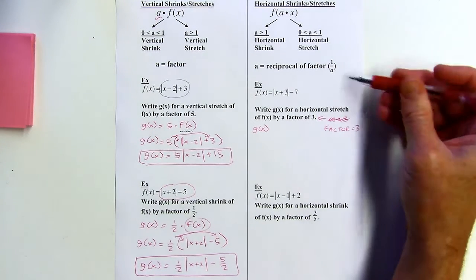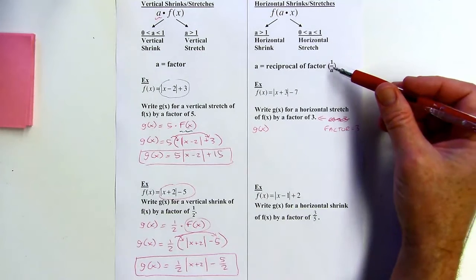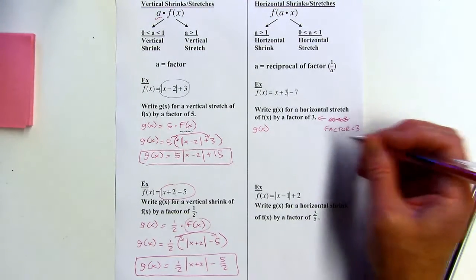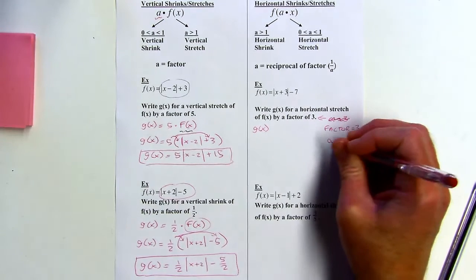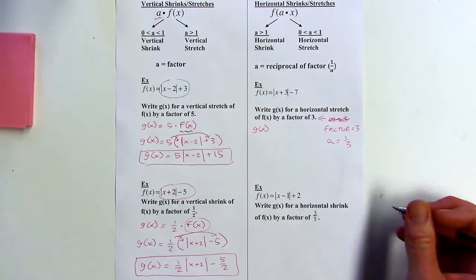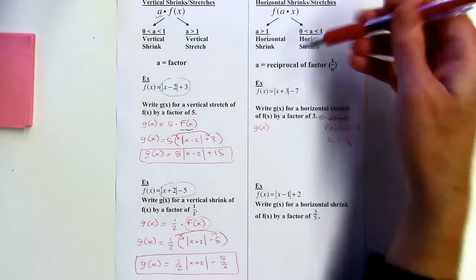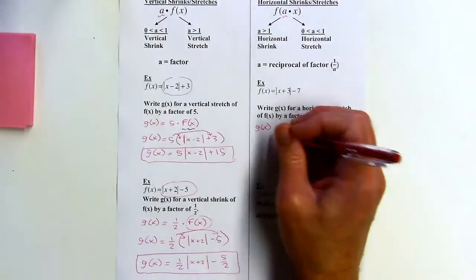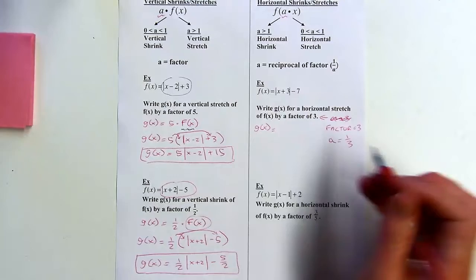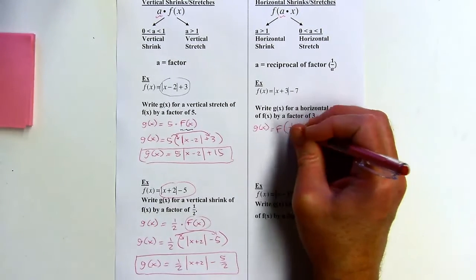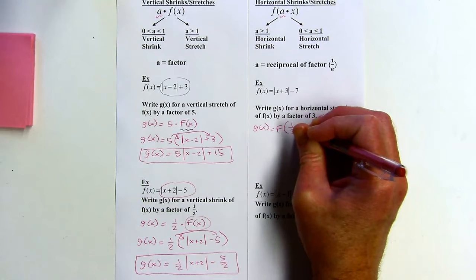But the a value is going to be the reciprocal. So that means a is going to equal 1/3 actually. Okay, so that's the number I'm going to use for a up there. Okay, so looking at this, I've got f of 1/3 times x.